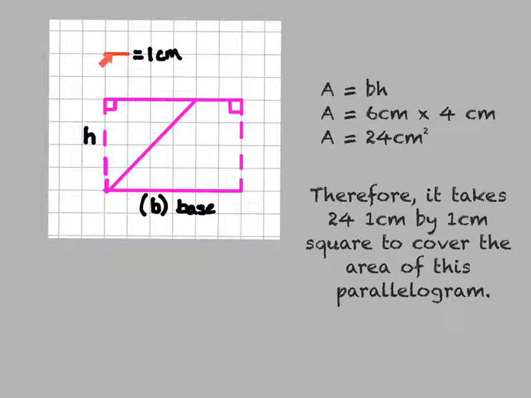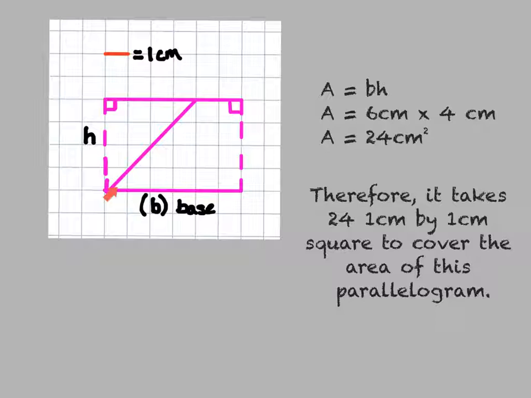As we can see here, one side of the block equals 1 centimeter. So using our formula area equals base times height, we can determine the area of this whole rectangle. Now let's look at our base.